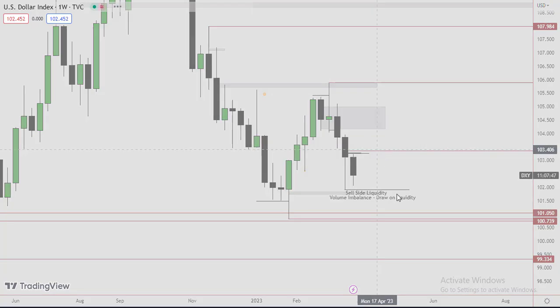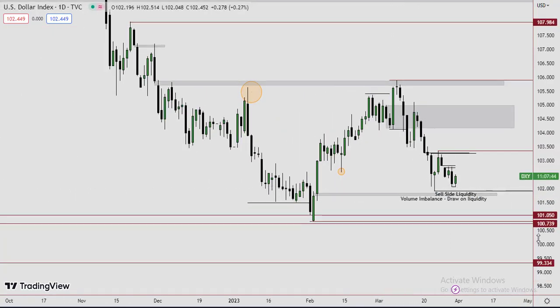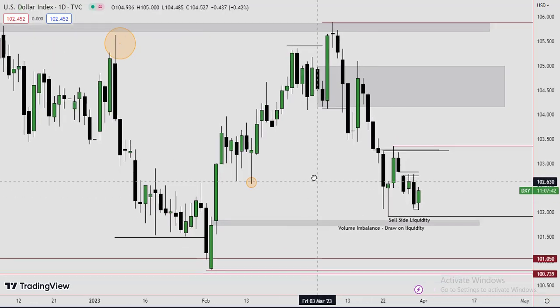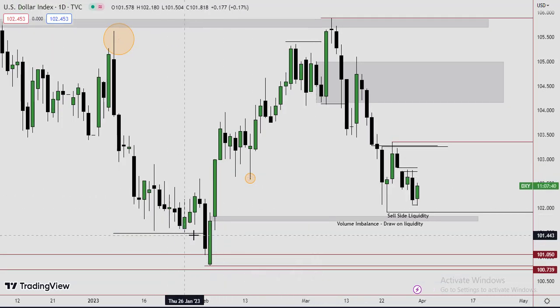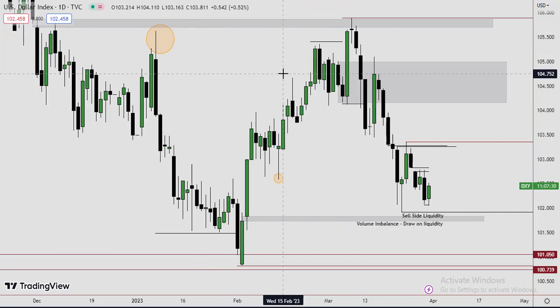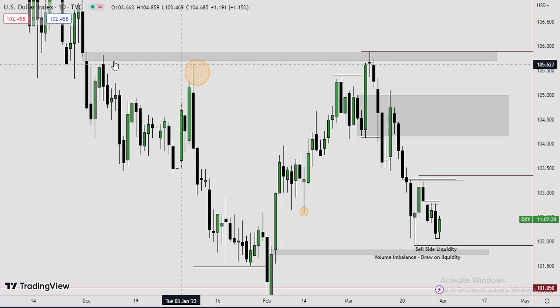So we went to the daily time frame, and on the daily time frame, this is what we had. Price swept liquidity here. There's a shift of market structure that created a breakout block. Price returned into that breakout block right here. You can see after price swept buy side liquidity here, it traded into volume imbalance right here.